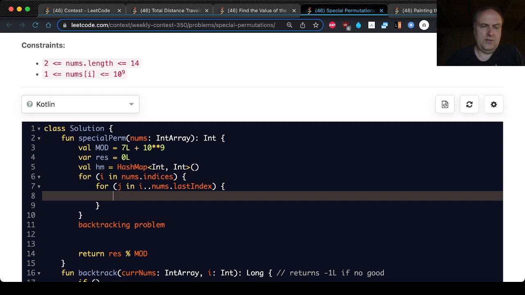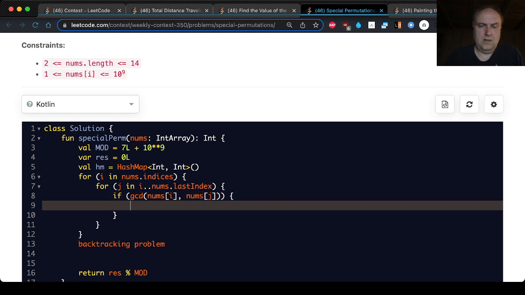Oh, and then I do a GCD. If GCD of nums i and nums j, then I put, they're connected, so they work together.